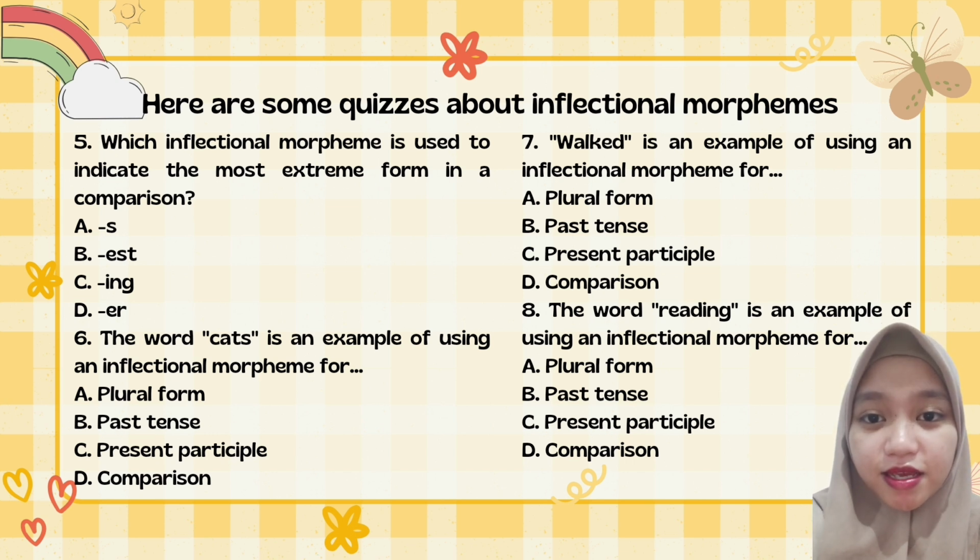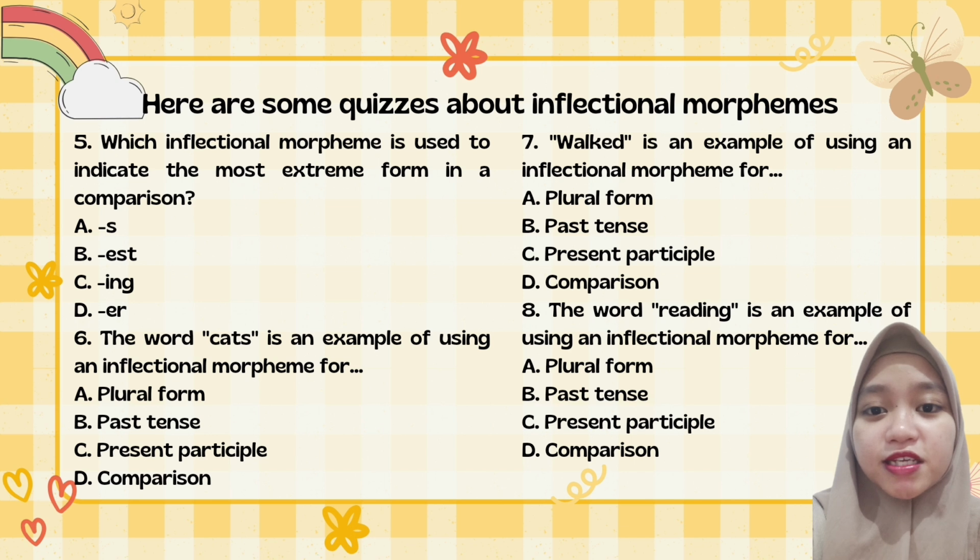A. As, B. As, C. In, D. Number 6. The word cats is an example of using an inflectional morpheme for A. Plural form, B. Past tense, C. Present participle, D. Comparison. Number 7.